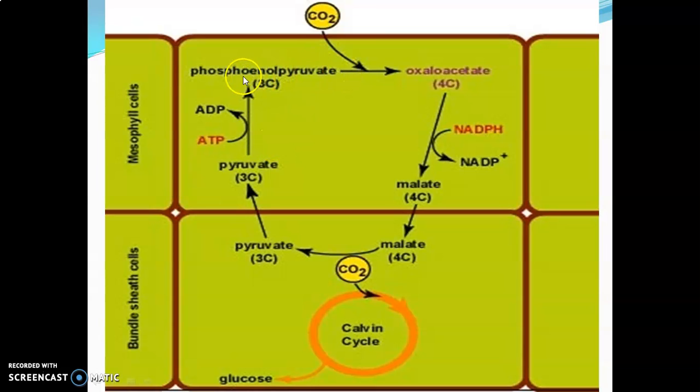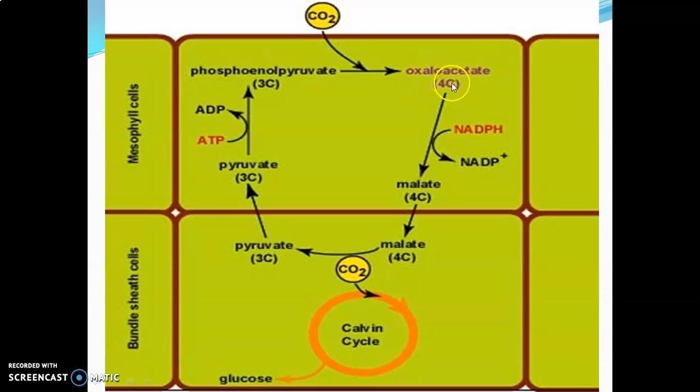The first CO2 acceptor is phosphoenol pyruvate, or phosphoenol pyruvic acid, a three-carbon compound, which fixes atmospheric carbon dioxide into a four-carbon compound, oxaloacetate or oxaloacetic acid. This carboxylation reaction is catalyzed by the enzyme phosphoenol pyruvate carboxylase.